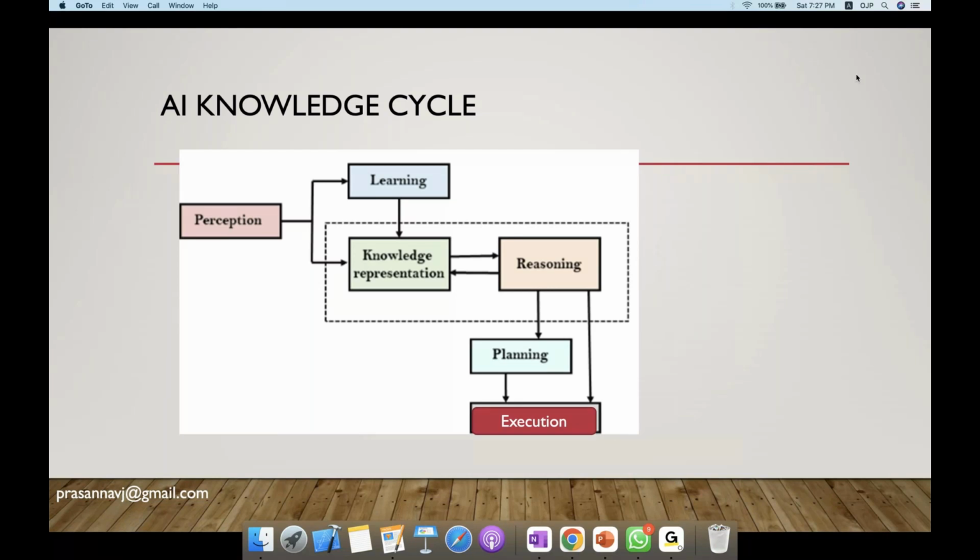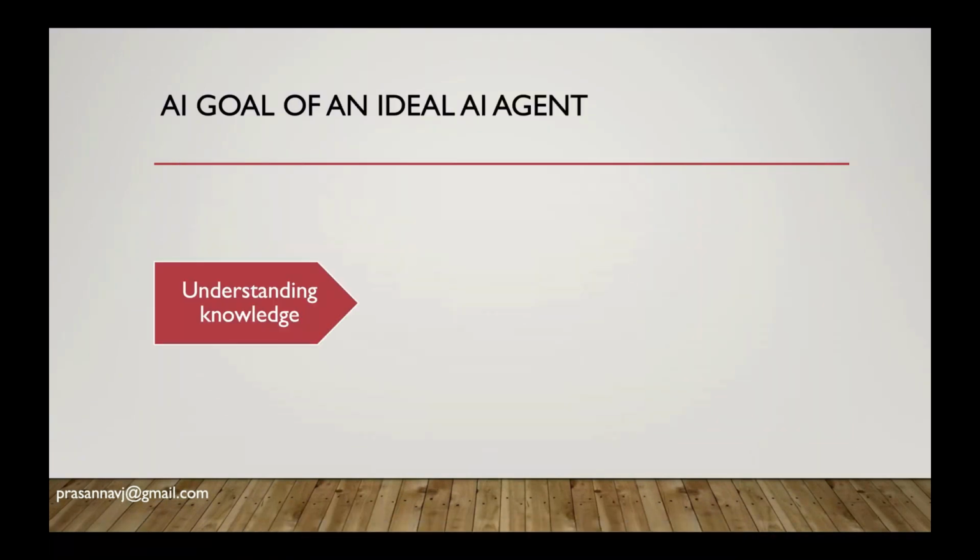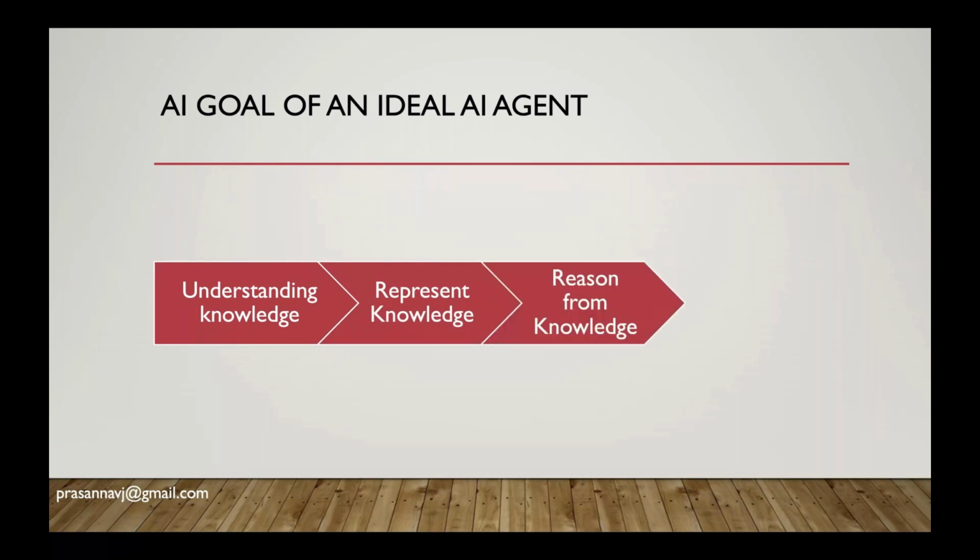Okay, so let me start with the knowledge perspective. The ideal goal of an AI agent is understanding the knowledge and representing the knowledge in a proper way, and it has to reason from the knowledge.